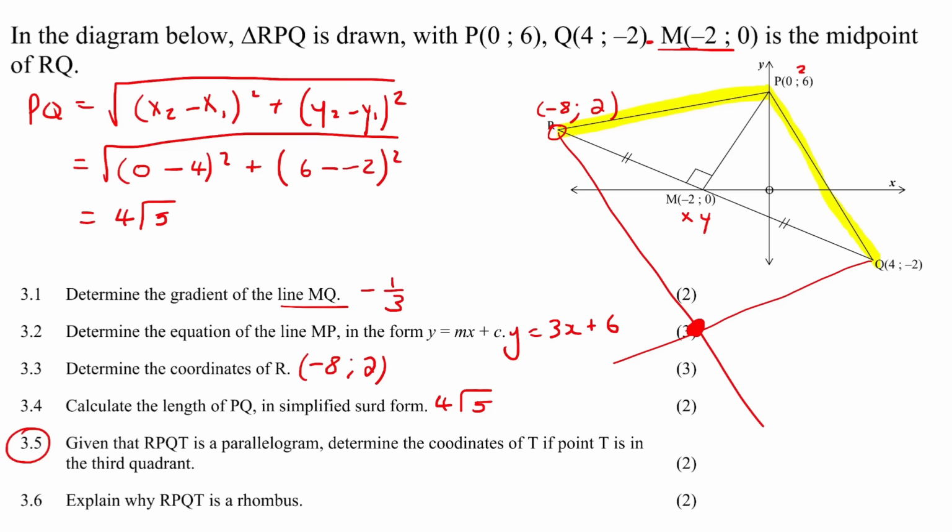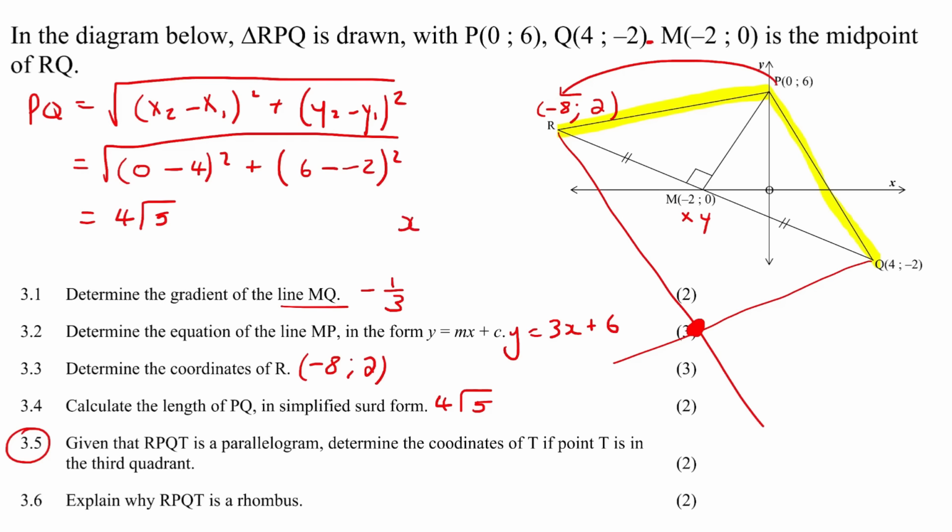Now, to solve these questions, you just use inspection. Check this out, guys. If you just look at this from P to R, just look carefully what happens. What happens to the x values? Well, it went from 0 to minus 8. So what happened to the x value? It went down by 8.